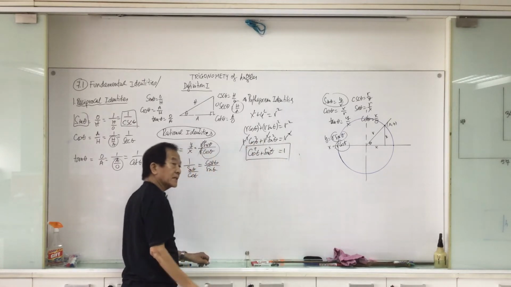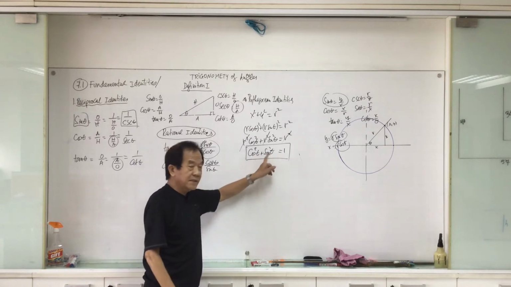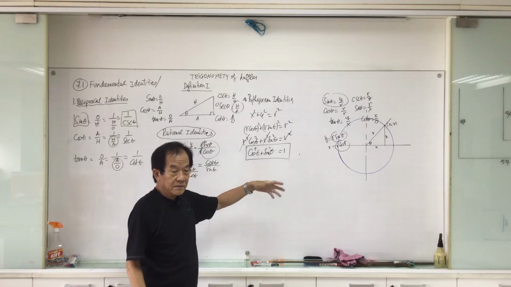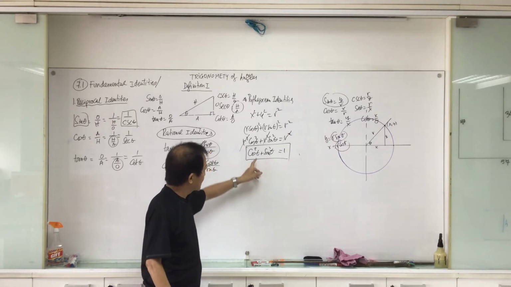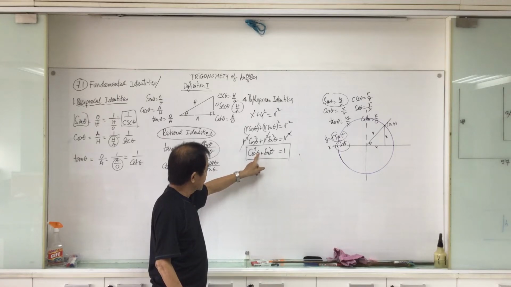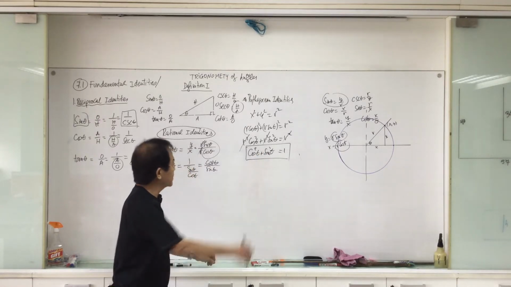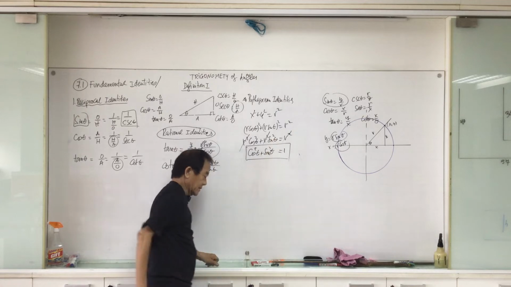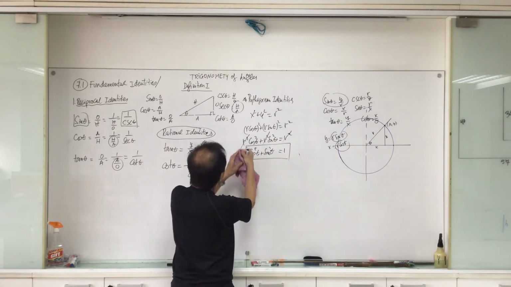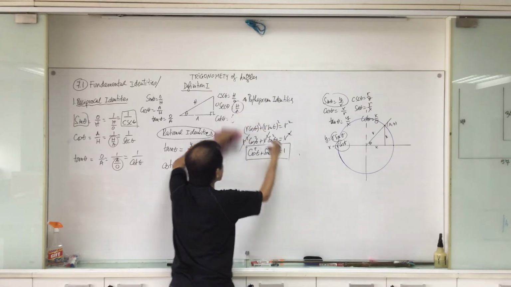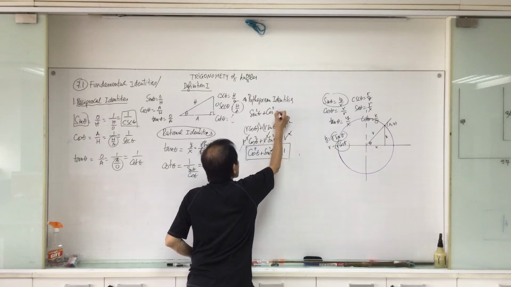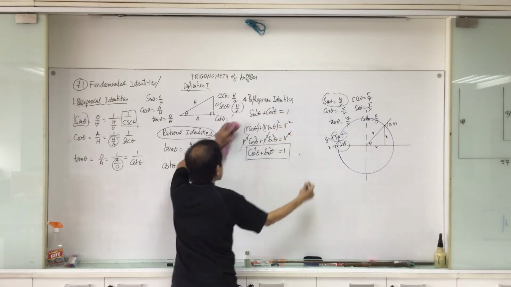Okay, if you want to test the formula, you can put any number in here regardless, rational number, degree number, everything. So now I have the number one identity here: sine squared theta plus cosine squared theta equals 1.